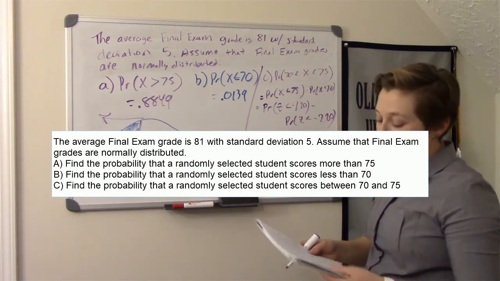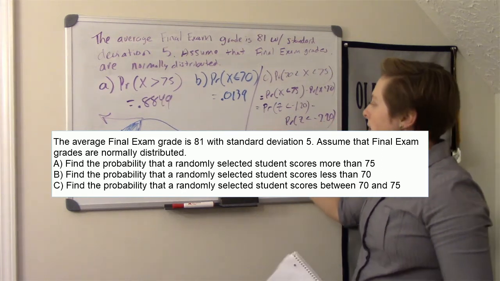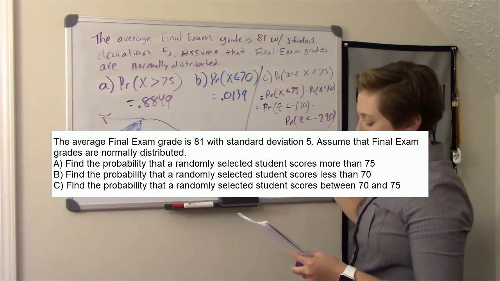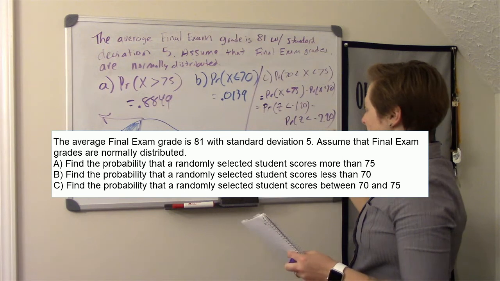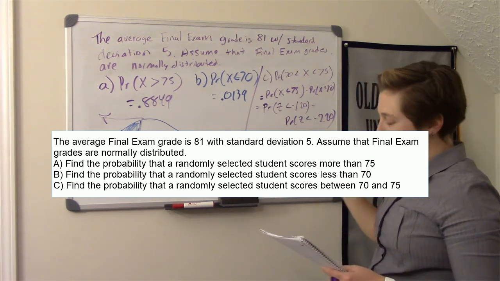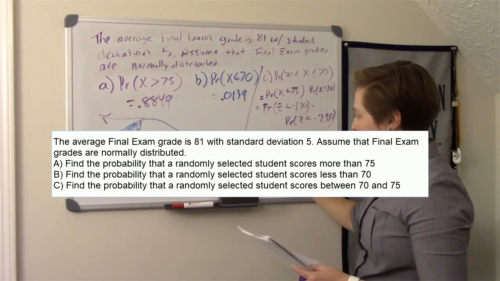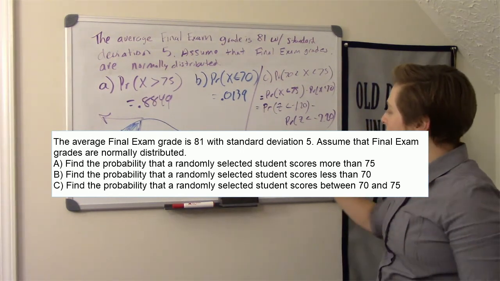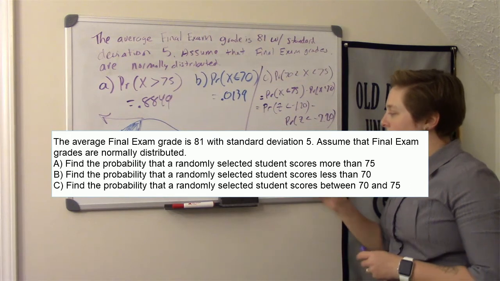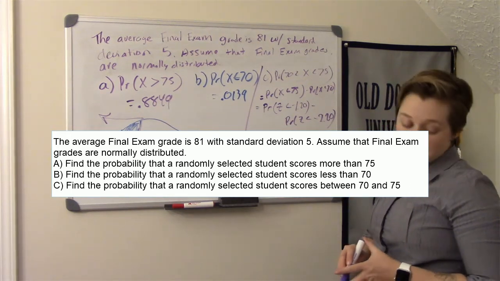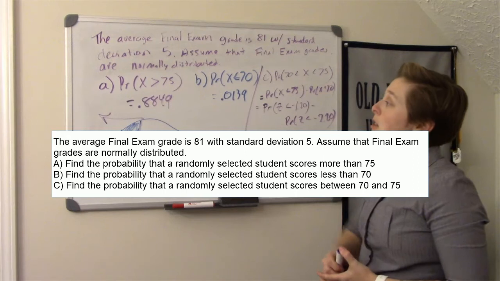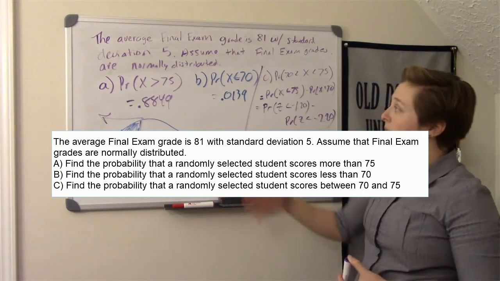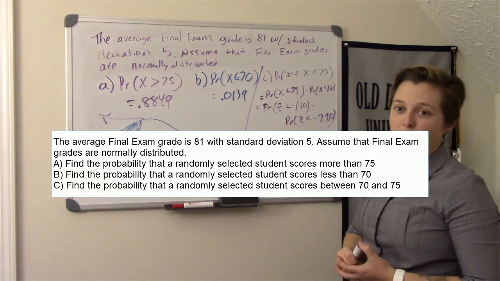Now if you look up these values in the table, you get 0.1151 and 0.0139. You subtract those two, and you get 0.1010. So the probability that a student scores between 70 and 75 is 0.1010. All these types of problems are asking you to find the probability, given a random normal distribution.